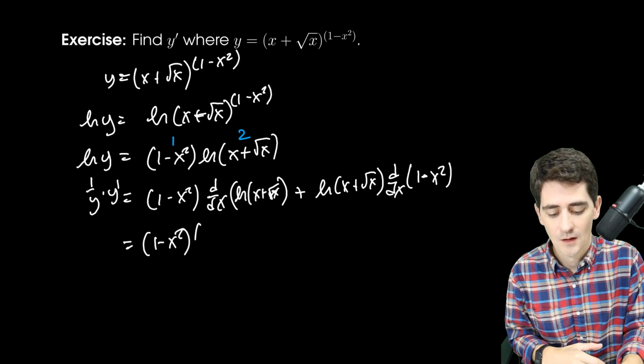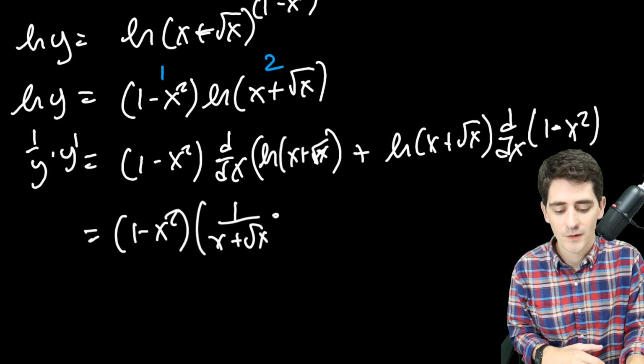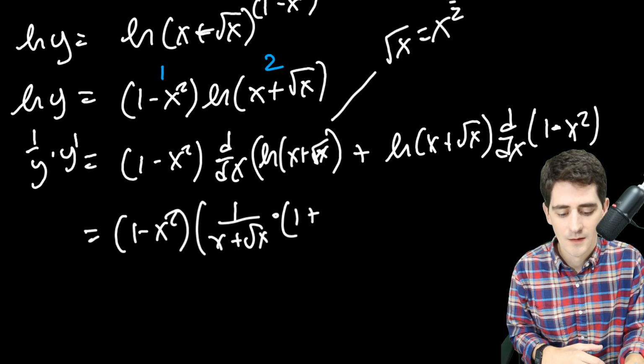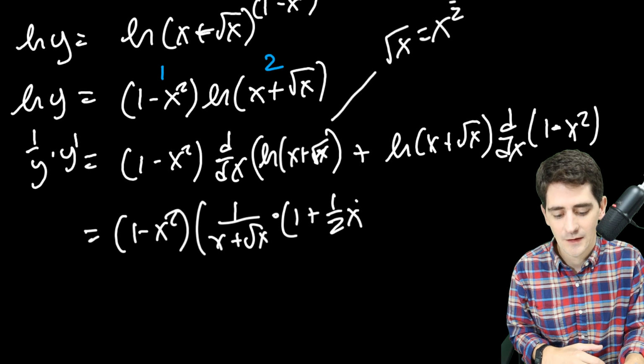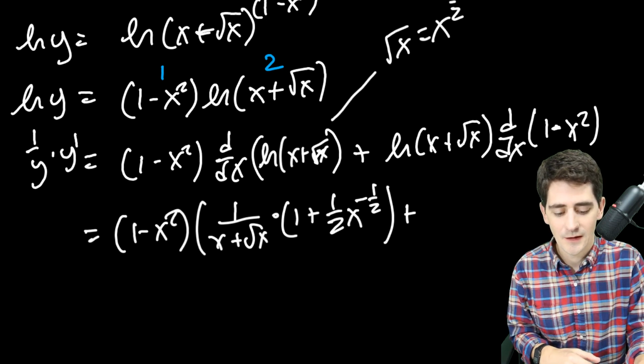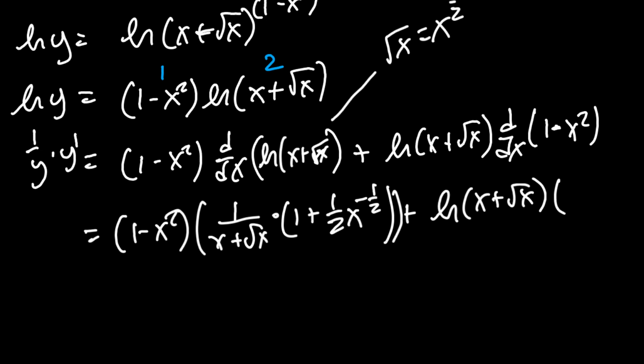So that's going to be 1 over x plus square root of x times the derivative of x plus square root of x, which is going to be 1 plus, and don't forget, square root of x is x to the 1/2 power. So that's going to be 1/2 x to the negative 1/2. That's just power rule. On the other side, I have ln of x plus square root of x times the derivative of 1 minus x squared, which is negative 2x.